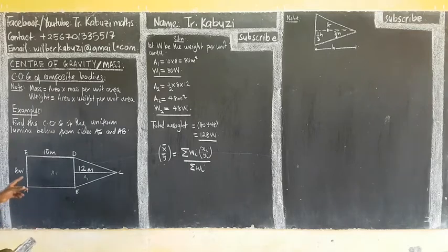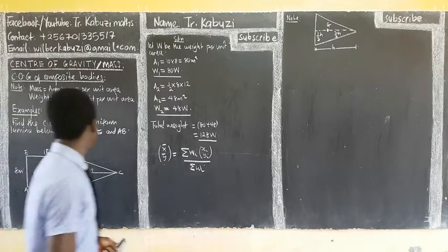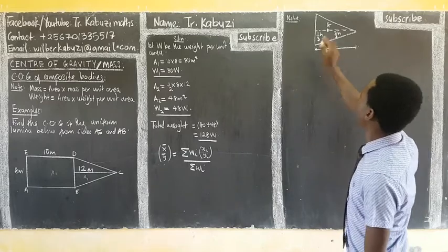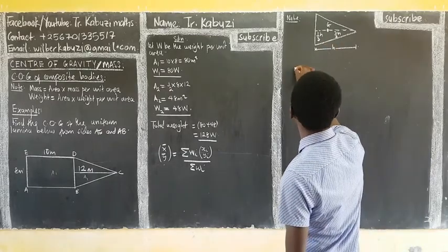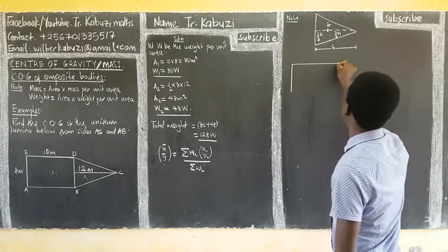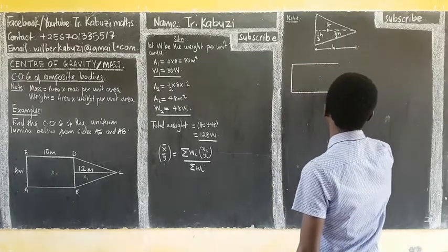Now, when you look at this laminar, you see that it has a line of symmetry. So if I sketch it here, we are going to use this idea, as I'm going to show you. If I sketch it here, this is the case I'm having.